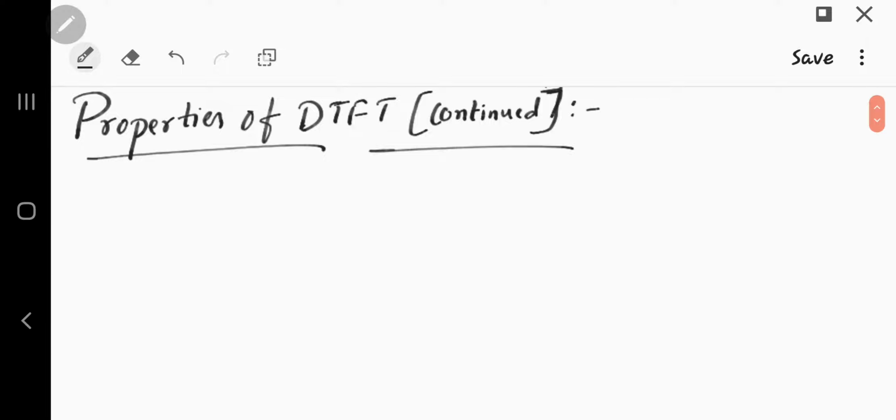Okay, so let's start with the next property, that is convolution.